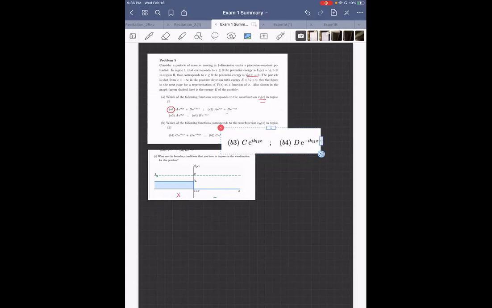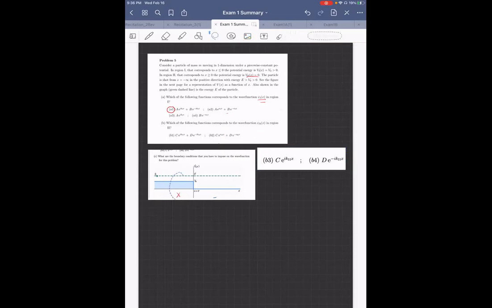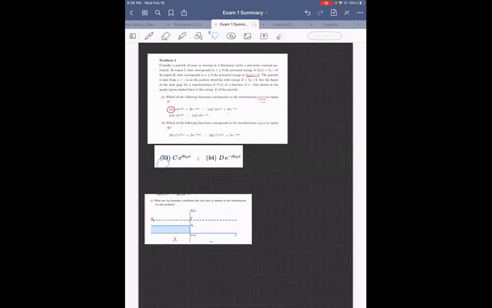So what do you guys think would be the best answer for this? I'll remind you that in region 2, the particle is moving in this direction. B1, B2, B3, or B4?